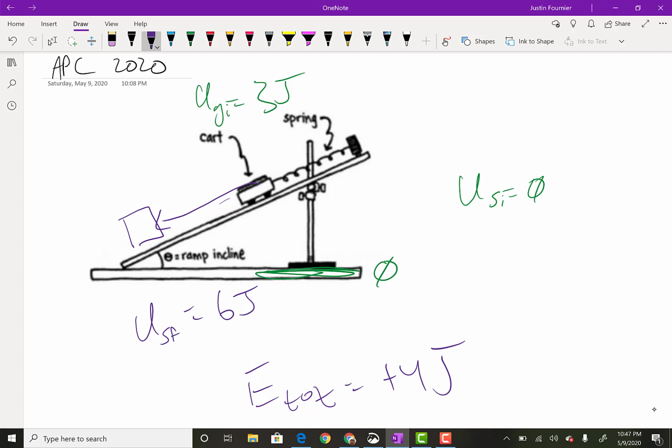That's still going to be my final potential energy there. But now my gravitational potential energy is going to be 1 joule of potential energy.